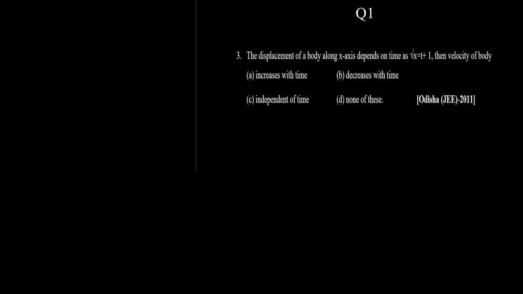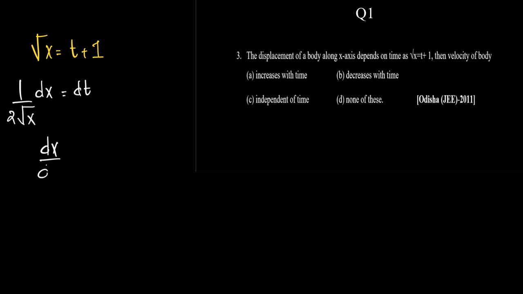So what's given here is root x is equal to t plus 1. If you differentiate the equation, what you get is 1 by 2 root x dx is equal to dt, or dx by dt is equal to 2 root x.